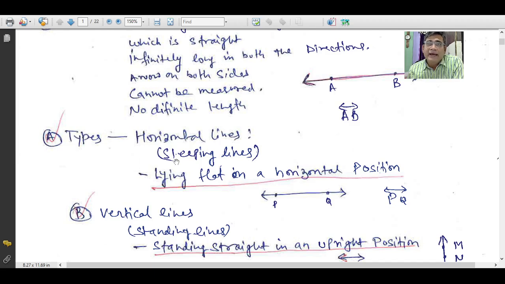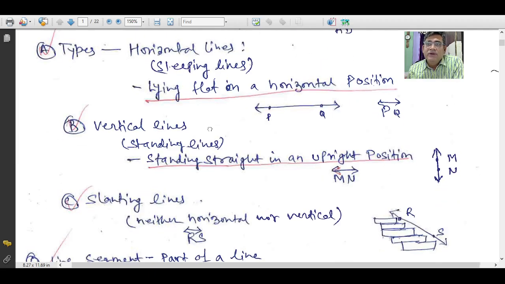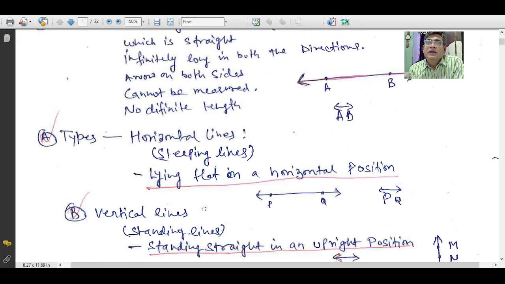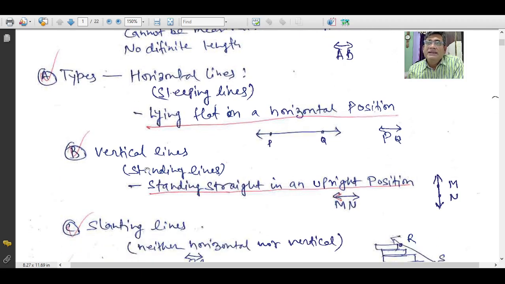There are three types of lines: horizontal lines, vertical lines, and slanting lines. What are horizontal lines? Horizontal lines are sleeping lines, lying flat in a horizontal position. Like PQ, this is a horizontal line represented by PQ with an arrow on top. Vertical lines are also called standing lines. They are standing straight in an upright position. You can see this one, MN.